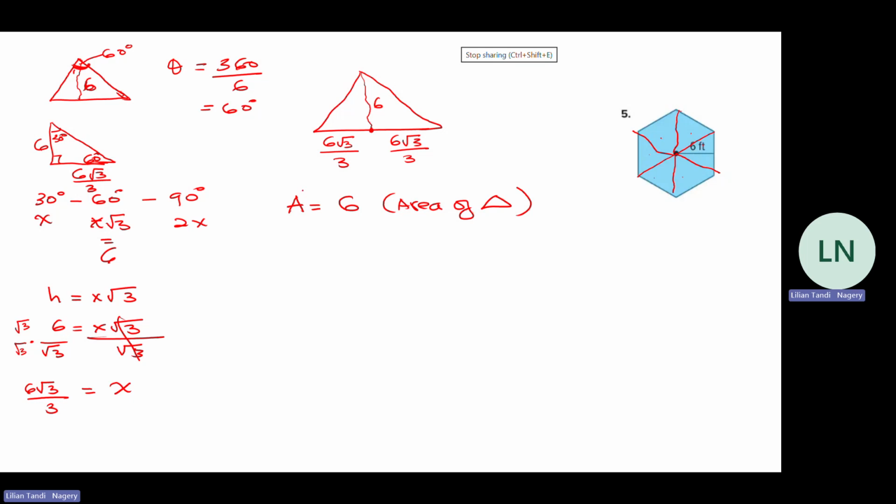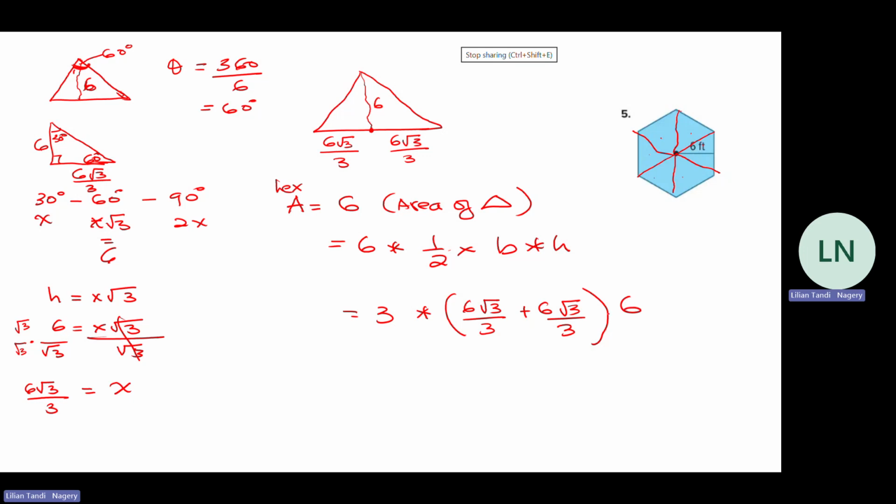So 6 times 1/2 times base times height. Half of 6 is 3, times my base. I will have to add these two together: 6 square root 3 over 3 plus 6 square root 3 over 3. And then my height is 6.